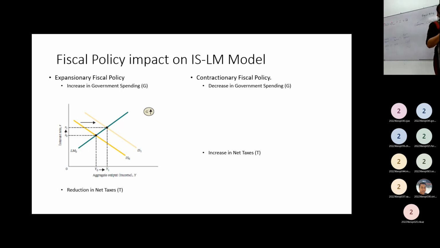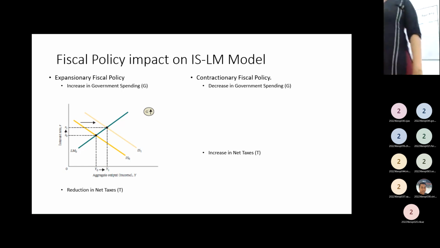Now you have to draw it. Can you quickly draw this? You have to show the impact here. Similar to this, when taxes reduce, what will happen to the IS-LM model? I have kept this slide blank, expecting you to draw it. Now, in the exam, I could ask these questions: when the government is practicing expansionary fiscal policy, show the impact on the IS-LM model. Then you will be able to explain, draw and show all of it.